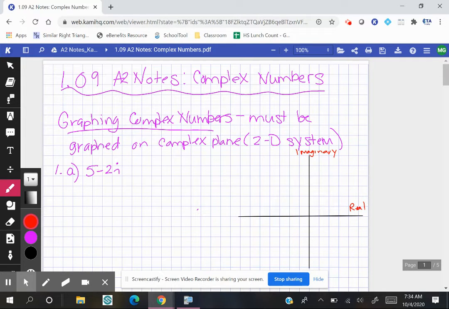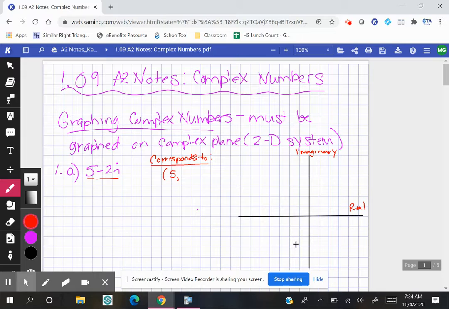So it's the same idea as when you plot a point, but it doesn't look like a point over here. So 5 minus 2i, that's going to correspond to the point on the xy plane of whatever your real value is. So the first number that doesn't have an i attached is a 5. That's going to be your x, since the real axis is your x-axis. The part with the i, that's going to be your imaginary part. So that's going to be like your y coordinate.